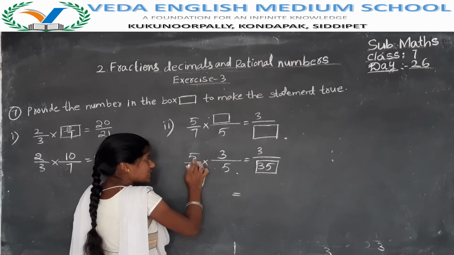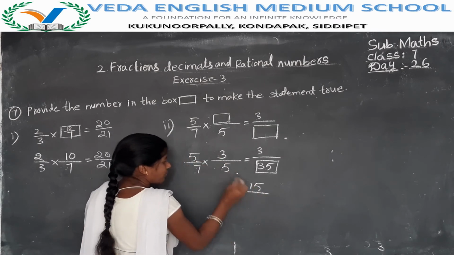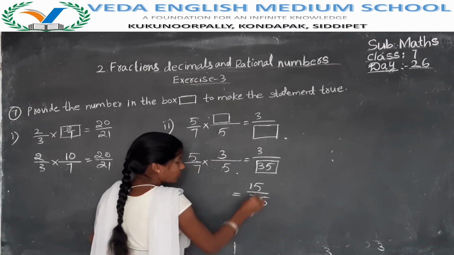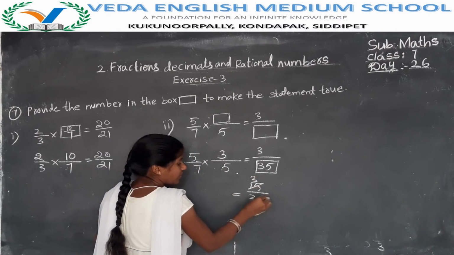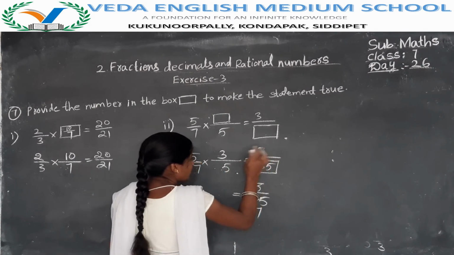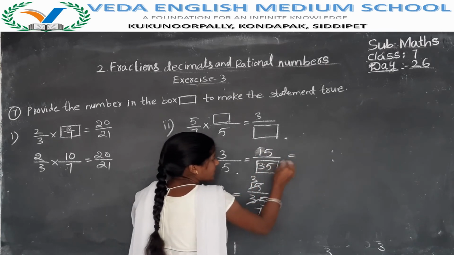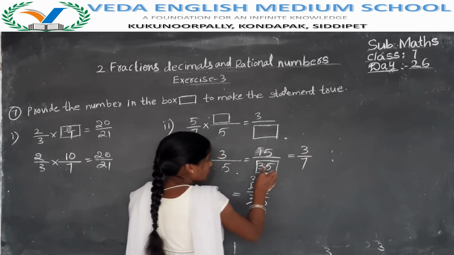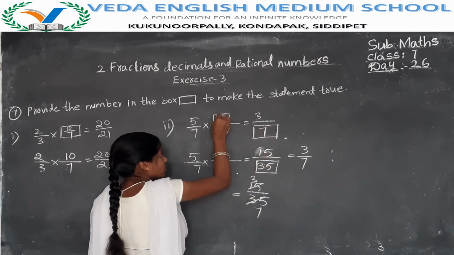If you multiply this number with 5, 5 3s are 15. Now 7 5s are 35. Now both are possible to cut in 5 table, that is 5 3s are 15, 5 7s are 35. So instead of 3 here, if you have 15, it is 15 by 35. If you cut this, then you will get 3 by 7. So in this box you have to write 7, in this box you have to write 3.